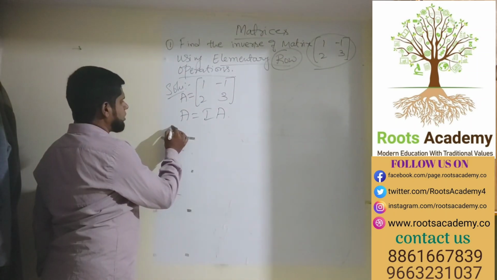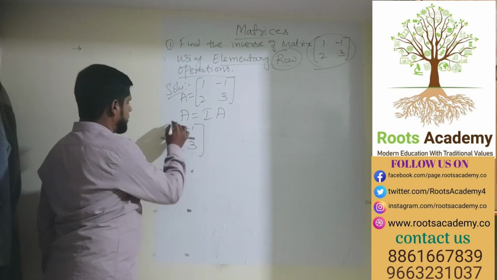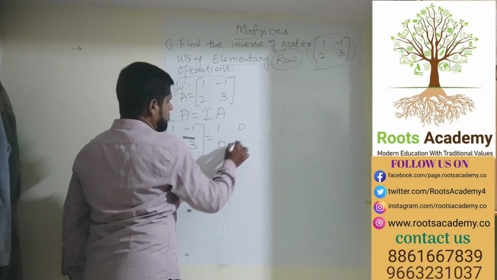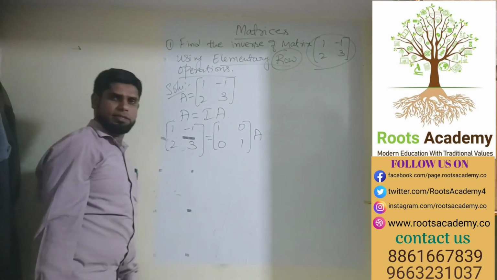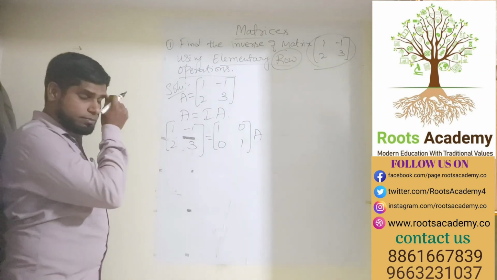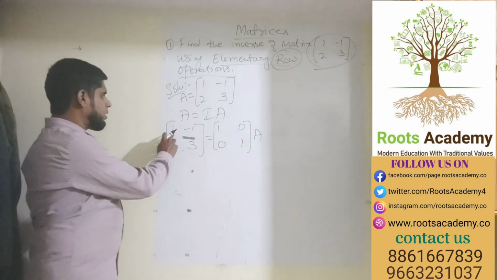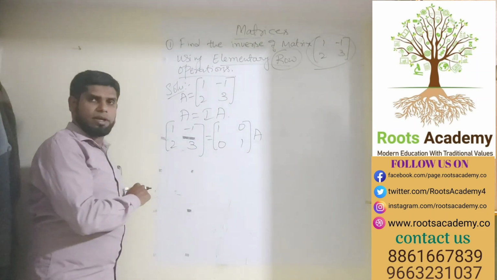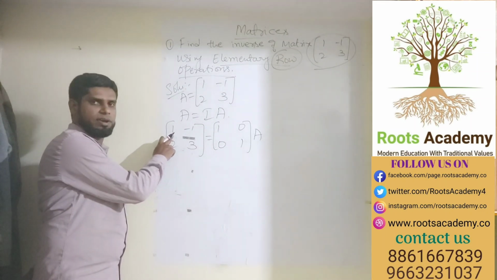Now I will substitute here 1 minus 1, 2 3 equals 1 0, 0 1 into the A matrix. Now students, here there are 4 elements, and we know that for an identity matrix the first element must be 1.